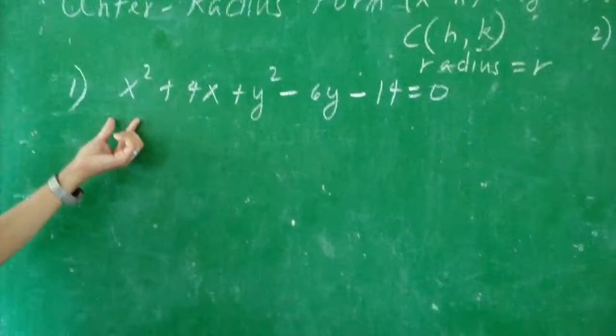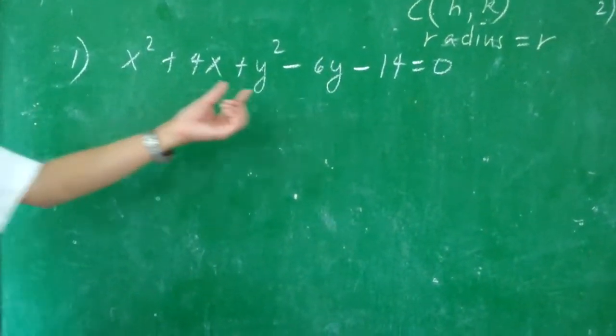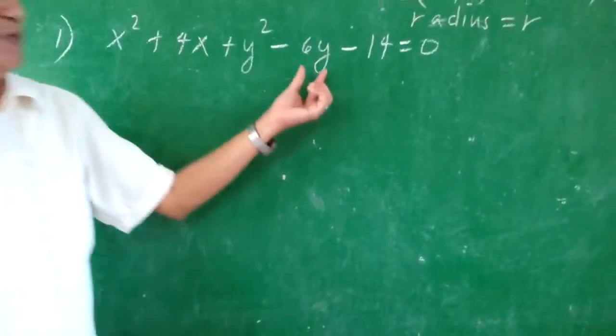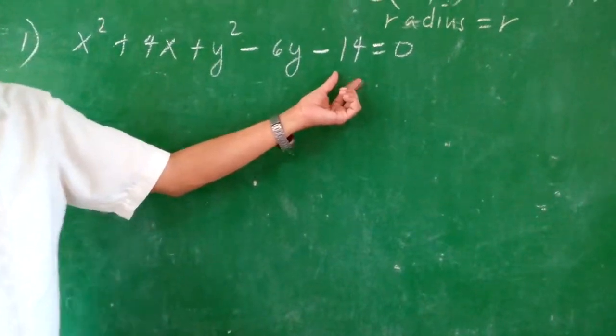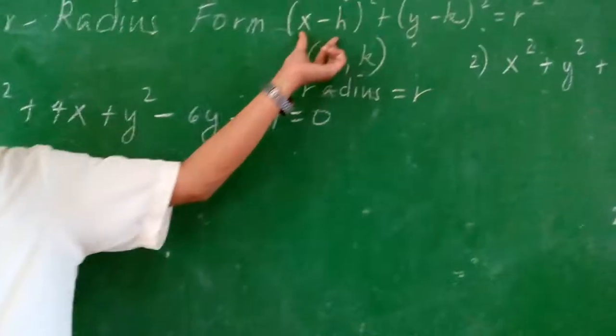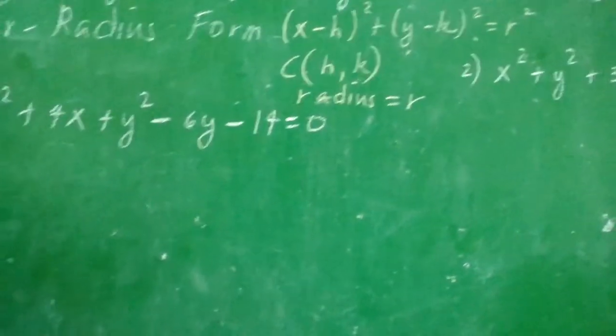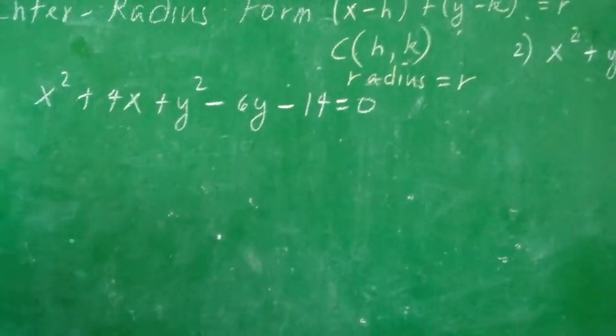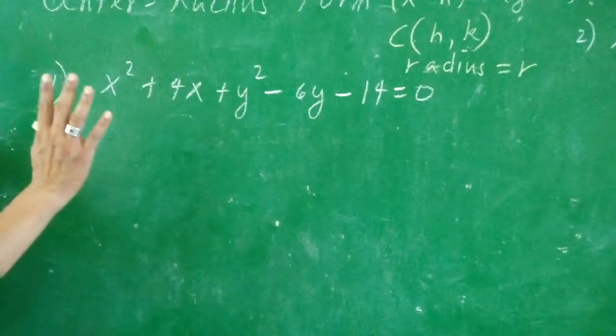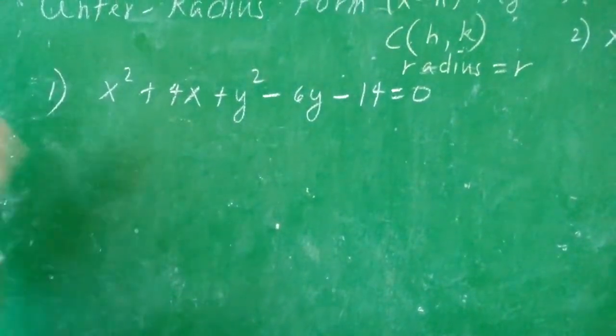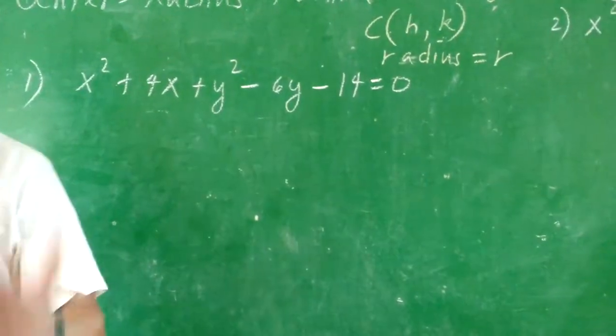We have x squared plus 4x plus y squared minus 6y minus 14. If you will notice, this is not a complete square. So therefore, we are going to apply completing the square. We are going to group all the terms with x and all the terms with y.